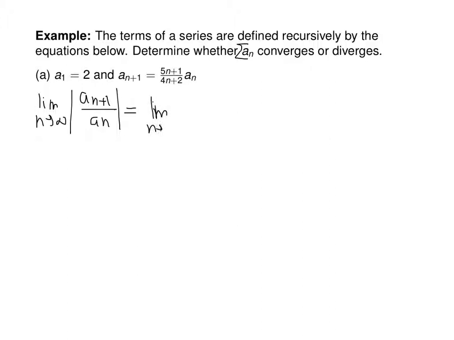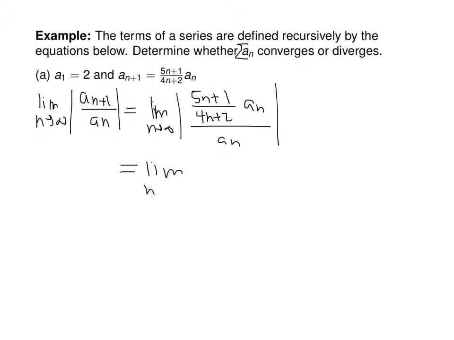So because we have this recursive definition, the n plus first term is actually 5n plus 1 over 4n plus 2 multiplied by a n, and we divide that by a n, and the a sub n's cancel out. We have the limit as n goes to infinity of 5n plus 1 over 4n plus 2.